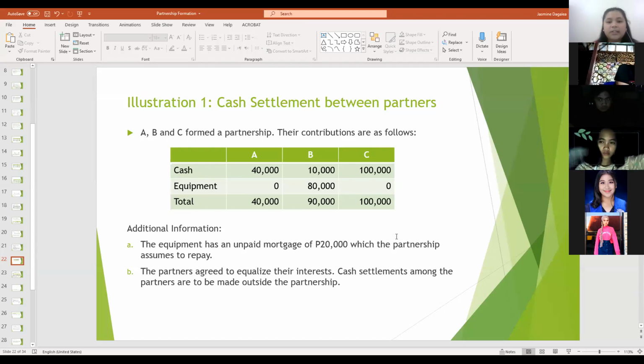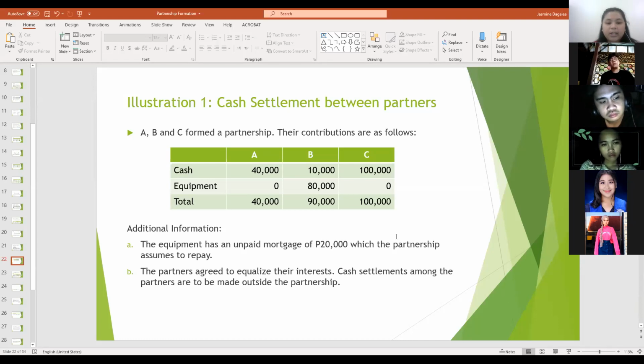C, cash 100,000. So, si A, may total contribution of 40,000. Si B, may total contribution of 90,000. And C, may total contribution of 100,000. Additional information. The equipment has an unpaid mortgage of 20,000 which the partnership assumes to repay. So, inassume daw ng partnership yung mortgage.